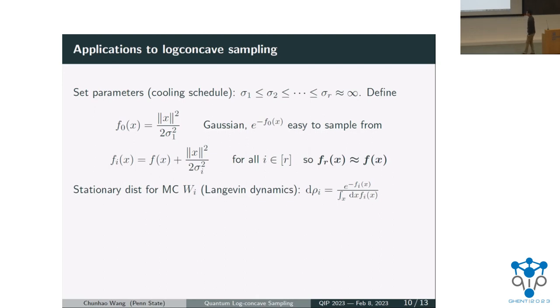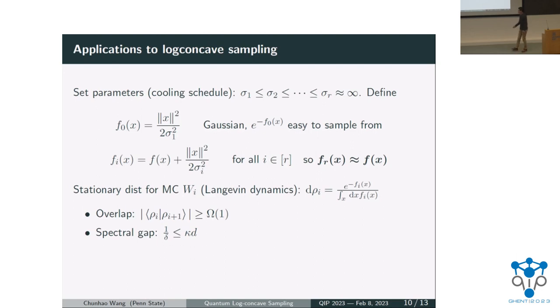Okay? Then it can be shown that the overlap between the adjacent stationary distributions is at least constant. So this is good. And we can bound the 1 over delta for each Markov chain, which is upper bounded by kappa d.